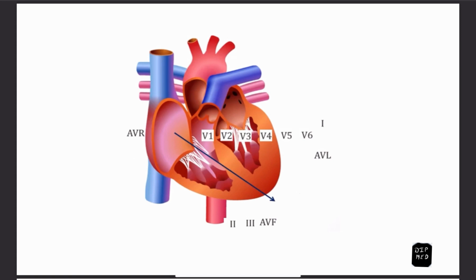So the electrical signals are moving towards them, hence there will be a positive deflection in these leads. Leads 2, 3 and aVF are viewing from the inferior part of the heart, and the chest leads are viewing across the heart with lead V1 being more on the right side.